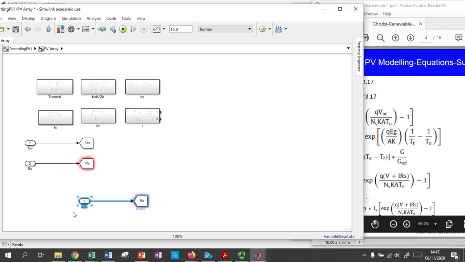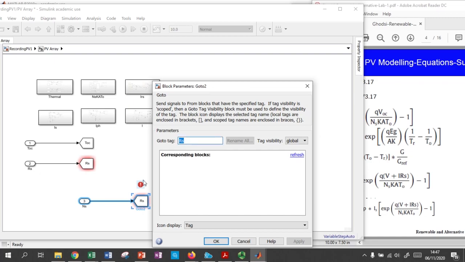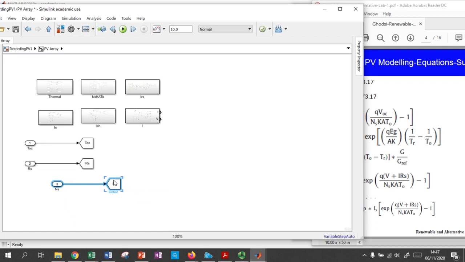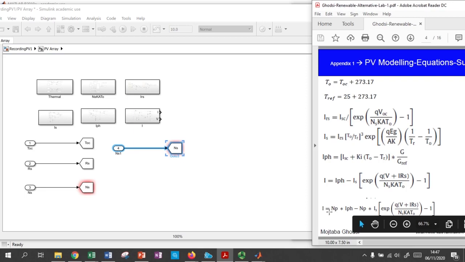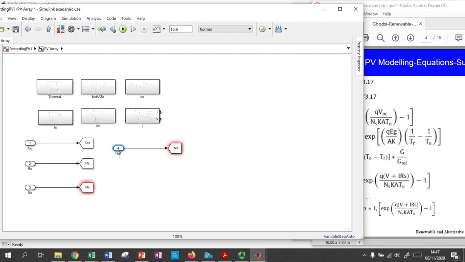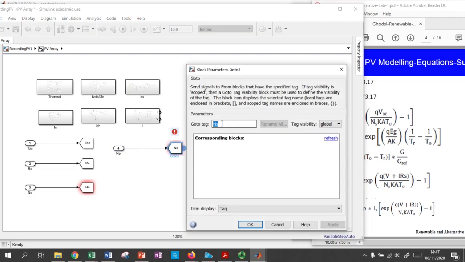We will change this one to NS, number of series cells. This is NS and this is the one. Okay, again, it will be considered here. Then the next parameter we need to define is the number of rows, or number of parallel cells. Then we can consider this one as NP, and the other one is NP.